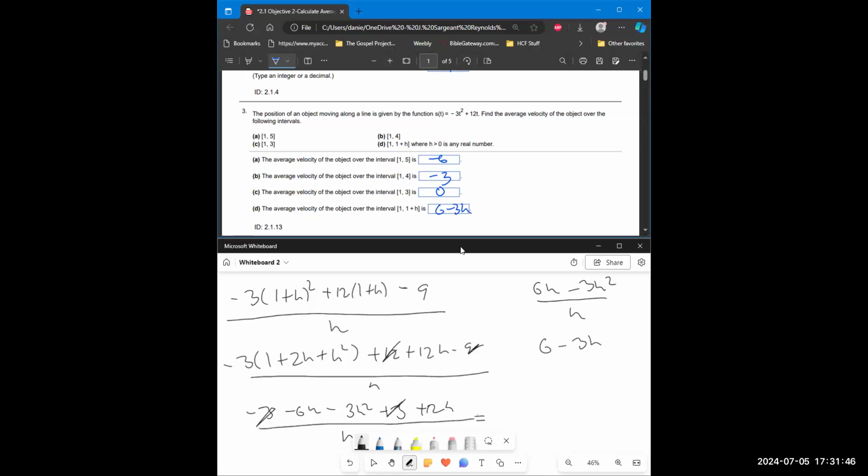Or same thing as negative 3h plus 6, if you prefer.